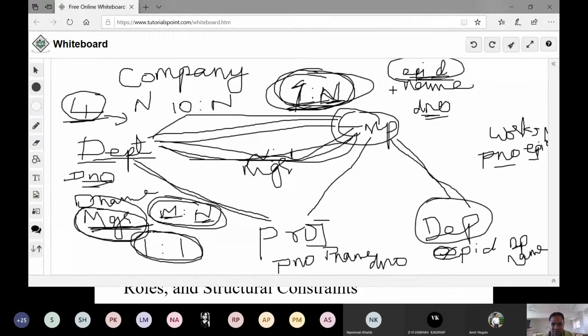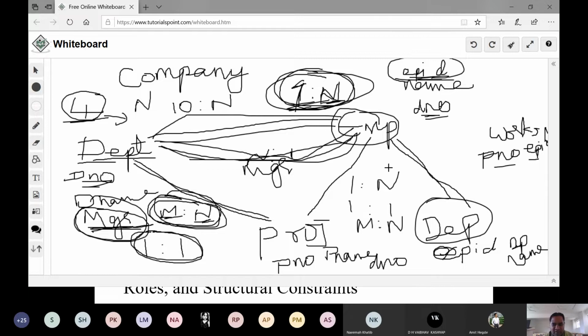Now, we will talk about m is to n. There are only 3 structural cardinality ratios: 1 is to n, 1 is to 1, and m is to n. You can interchange these however you want, absolutely no problem.